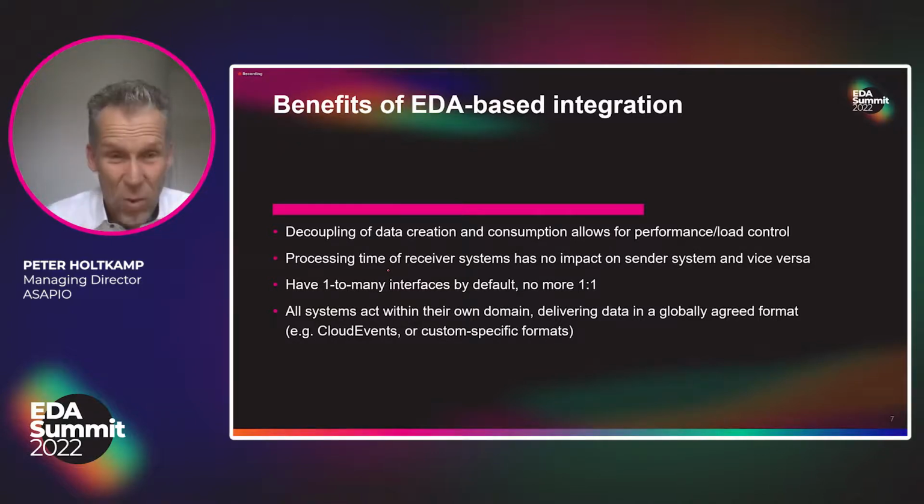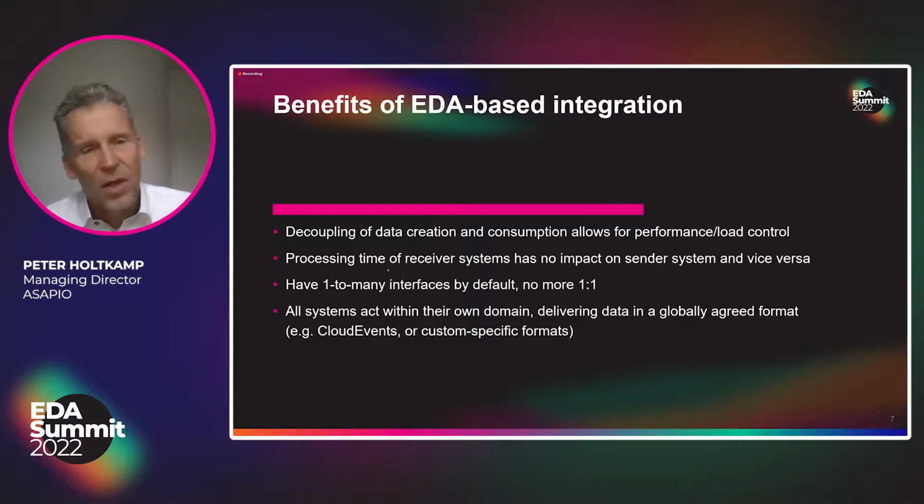You process it just once, so you don't have these one-to-one connections anymore. When you really think about the infrastructure, you have a lot of one-to-many interfaces and hardly any one-to-one interfaces, and all these one-to-many interfaces reduce the performance impact on your system.